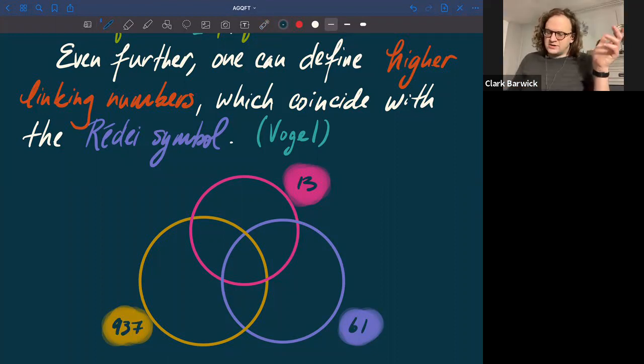It's thought that there should be infinitely many of these. I have a probabilistic argument for that. And actually, Vogel produces an algorithm for computing them, which is a little complicated, but you can actually sit down and extract these things. So I think in the first 10,000 of these triples, you see about 25 of these Borromean triples.